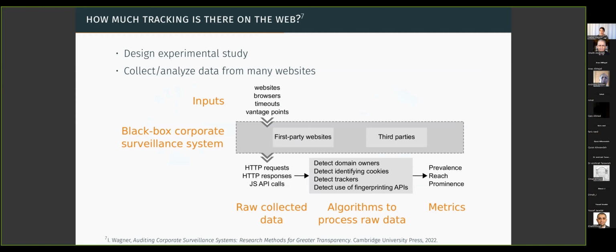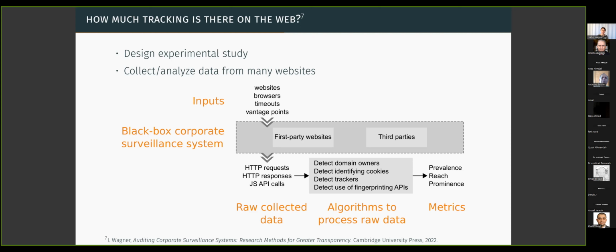And what you see here, this figure shows the blueprint for an experimental design for this. So as inputs, you have, let's say, the list of websites that you want to study. Then in the middle, you have this corporate surveillance system that you can't really look into, but you can collect some outputs from it. And in particular, those are the network requests and responses that the client's browser needs to render a website for the client.